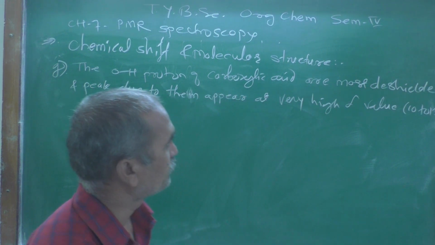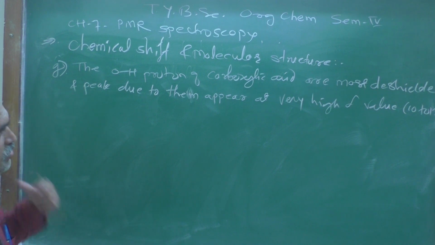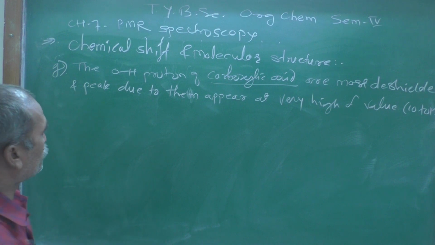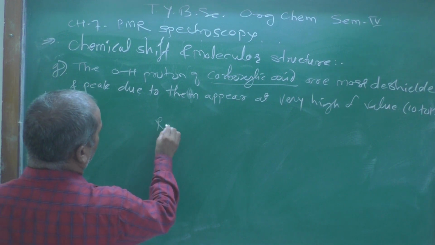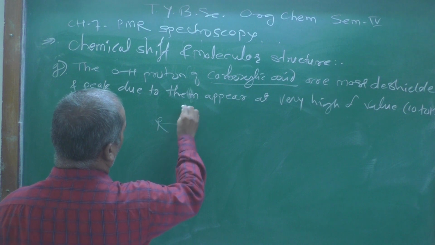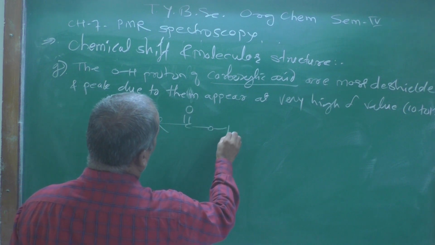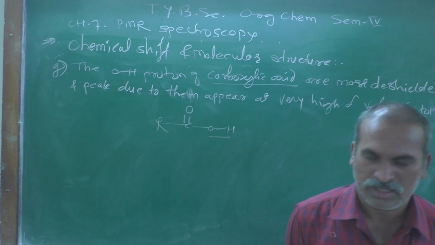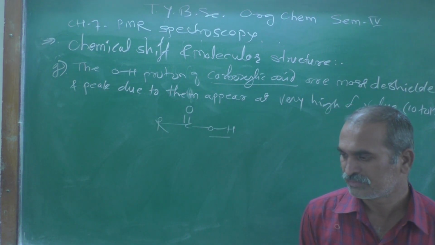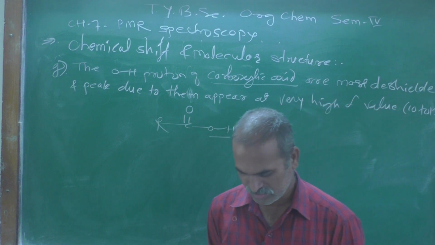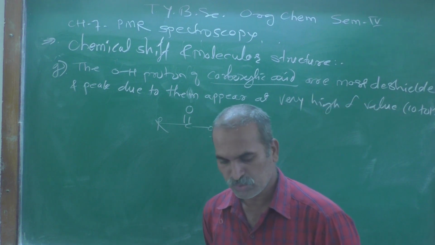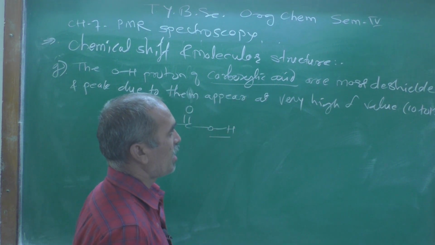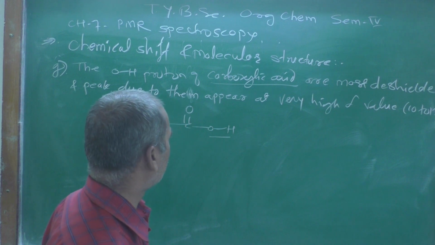Why is this so? As we know, the general formula of a carboxylic acid is R-C double bond O and this OH. There is the alcoholic or the phenolic OH, which are different concepts, but these protons are highly acidic in nature.